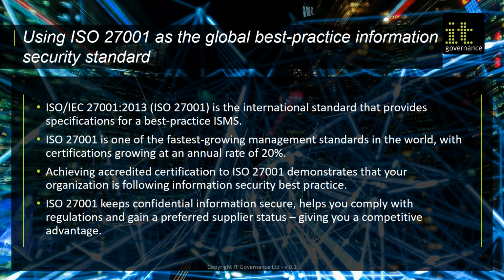So why would you use ISO 27001 to achieve those objectives? Well, firstly, it's the only international standard there is for information security, and you may already know of standards like ISO 9001, which has existed since the late 1970s, early 1980s. It's a standard for quality in management processes inside primarily service organizations. It's gone on to be used in manufacturing organizations and many others, but it's dealing with process quality.